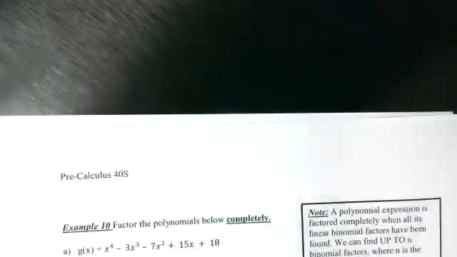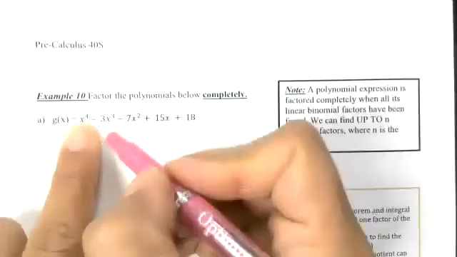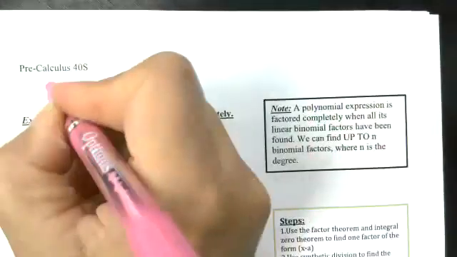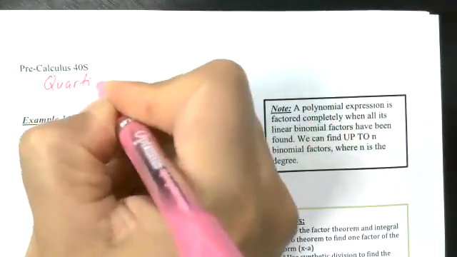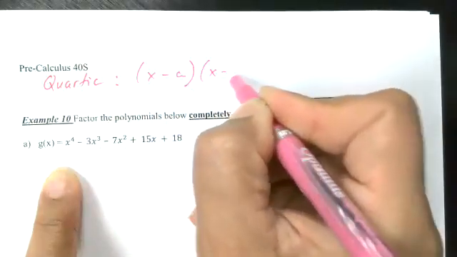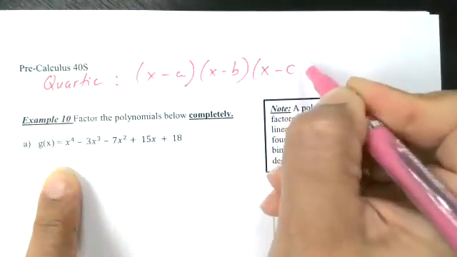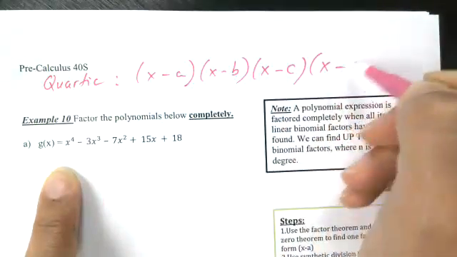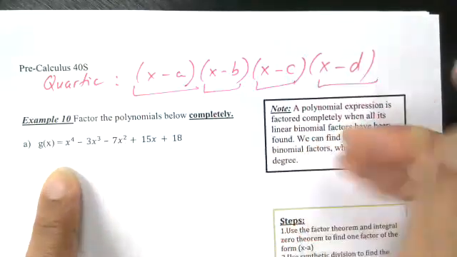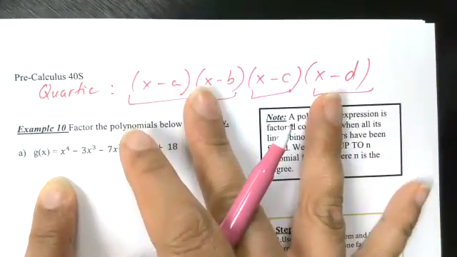So in the end, for a quartic like this one, x to the 4, you can have x minus a times x minus b times x minus c times x minus d. So basically you can have 4 linear binomial factors, right?